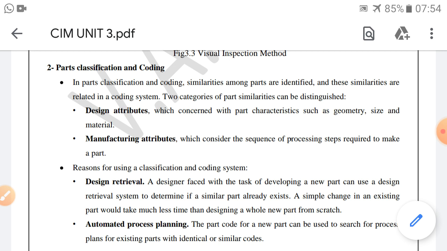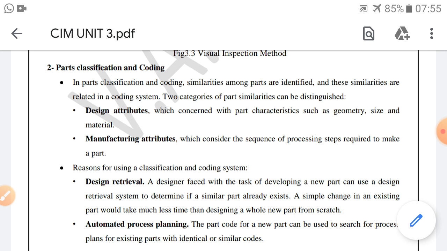Attributes means something related to design factors and something related to the manufacturing part. In Kannada it is called gunalakshana.